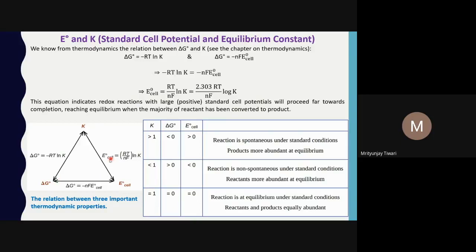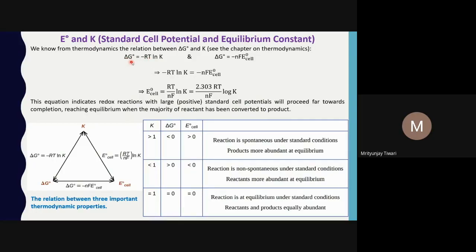This equation is very important, and from it one can also look at this table. When the equilibrium constant K is more than 1, what does it mean? ln K will be positive, so RT ln K will also be a positive number.